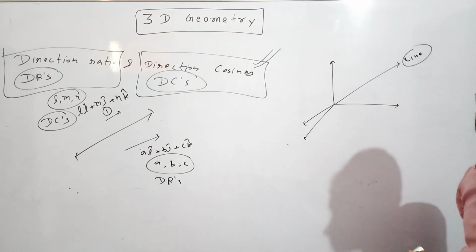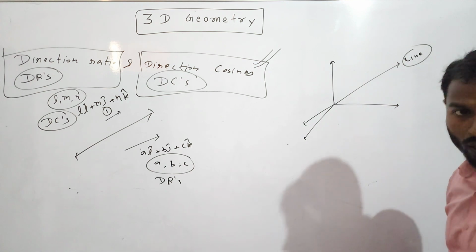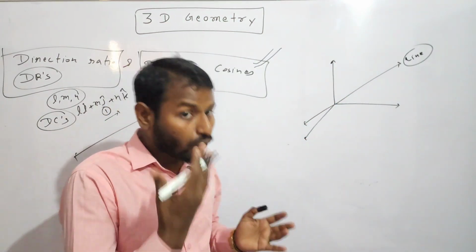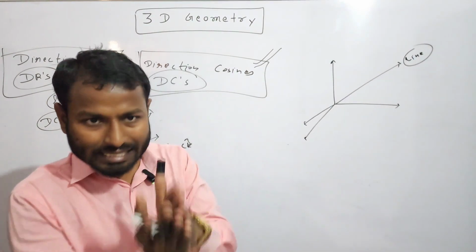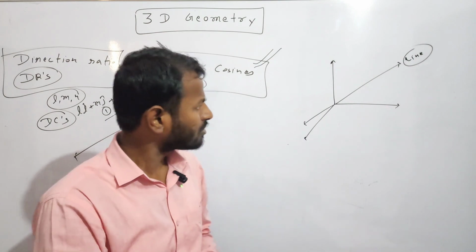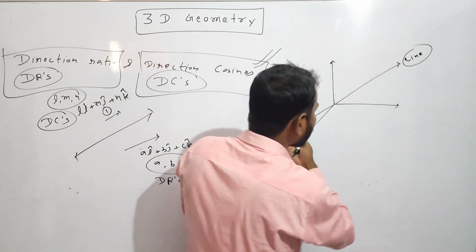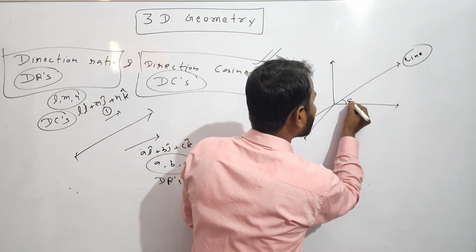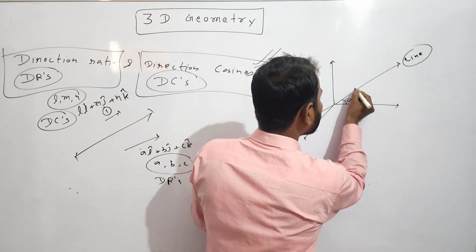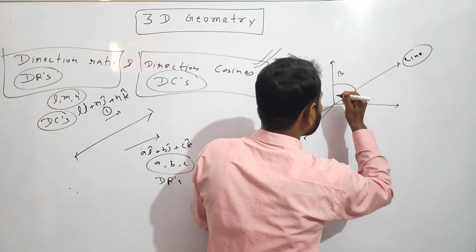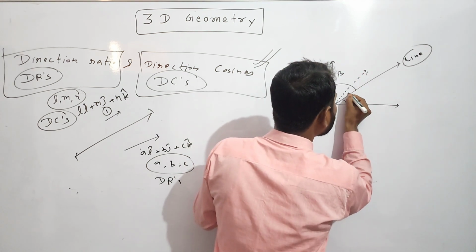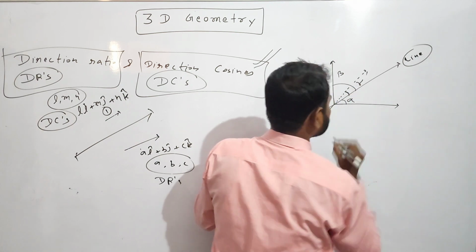So another approach is we have a line in 3D, and this line forms an angle with the x-axis, an angle with the y-axis, and an angle with the z-axis. Let's say this line forms alpha angle with the x-axis, beta angle with the y-axis, and gamma angle with the z-axis.